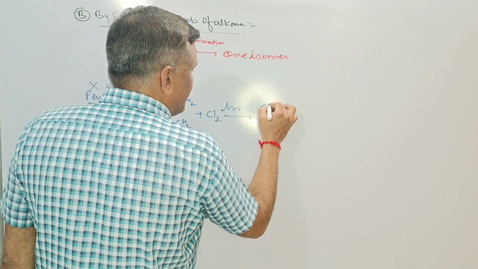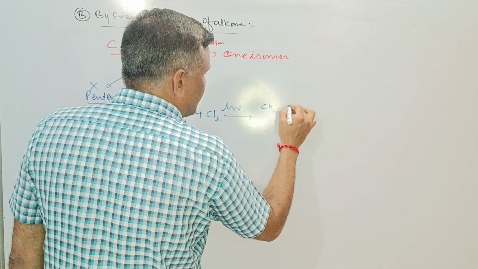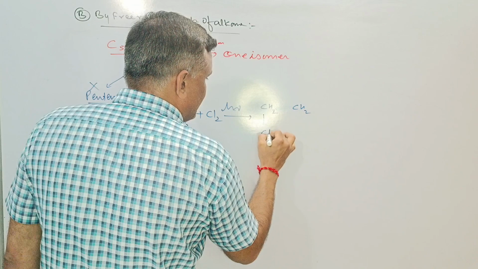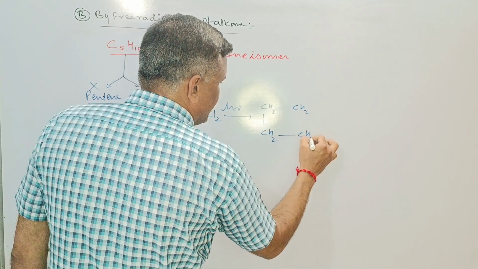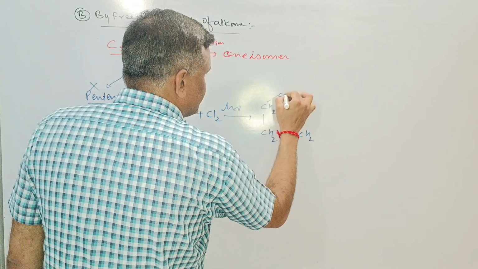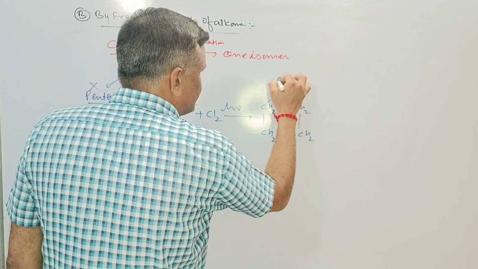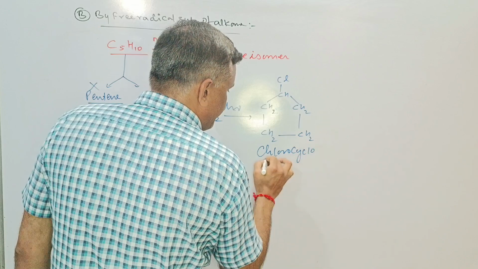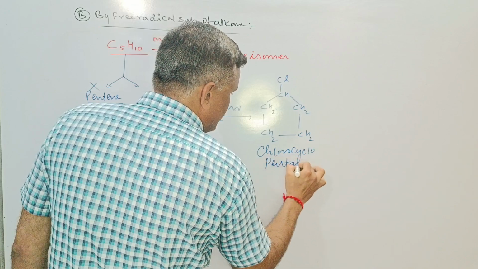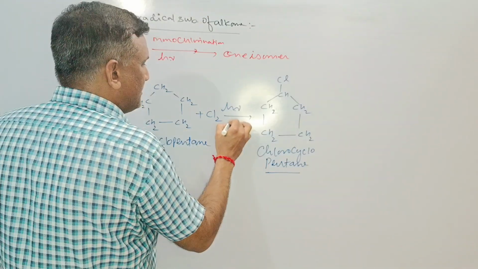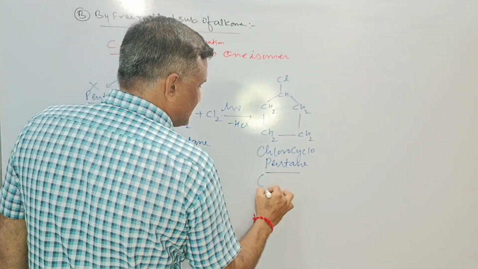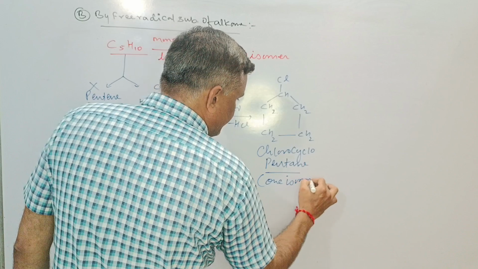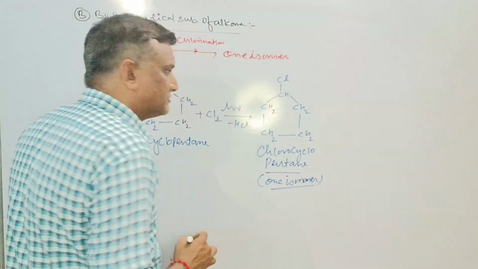So there will be formation of only one isomer, that may be anywhere. That will be chlorocyclopentane, like this. This is the CH, this is the Cl, chlorocyclopentane with the removal of HCl. And here is only one isomer. This is also a photochemical substitution reaction.